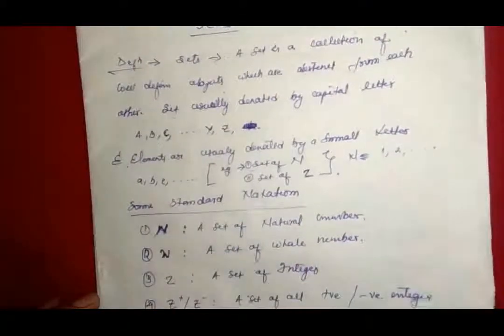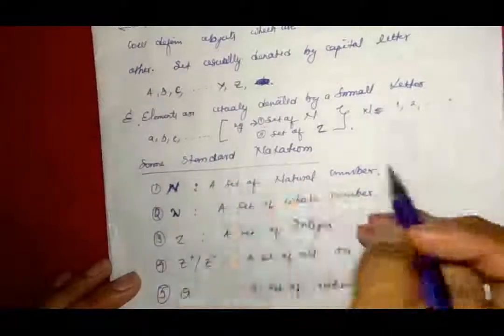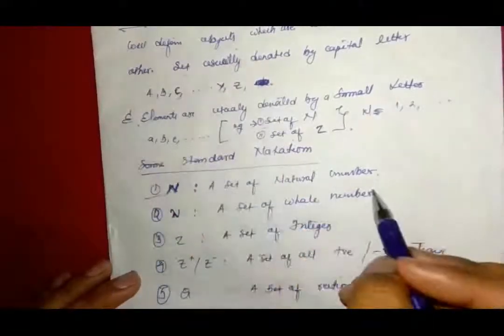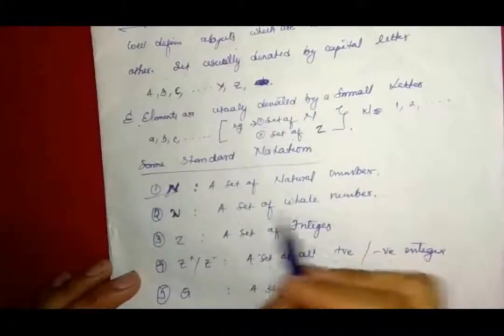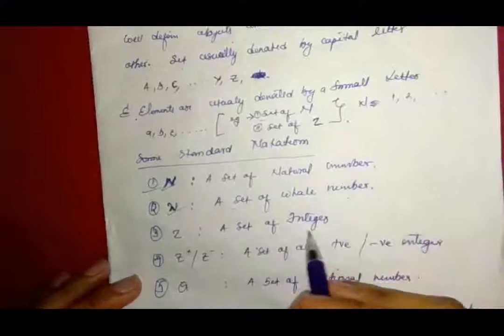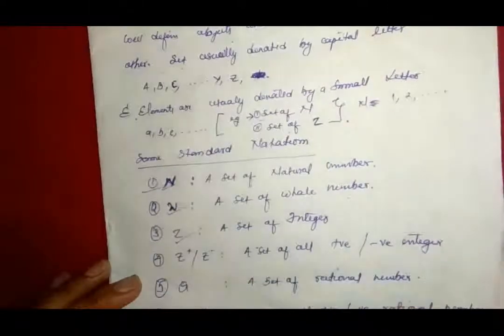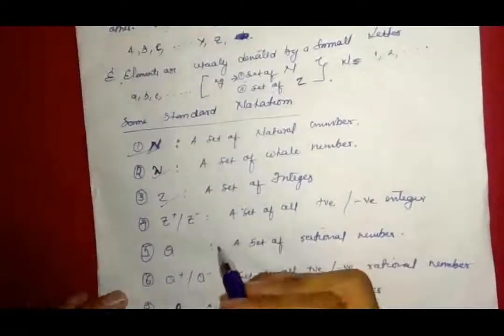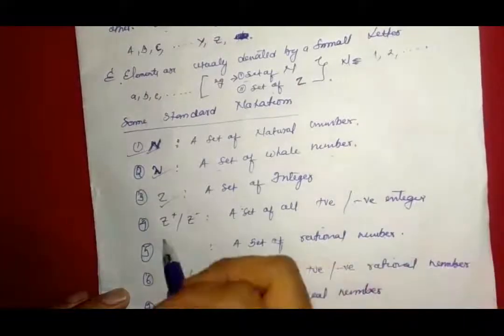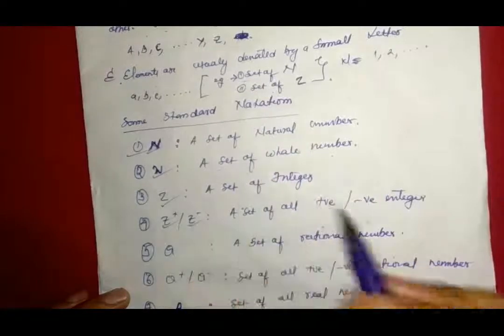Now we're going to see some standard notation for sets. First point: a set of natural numbers is denoted by N. A set of whole numbers is denoted by W. A set of integers is denoted by Z. A set of positive and negative integers is denoted by Z plus and Z minus.